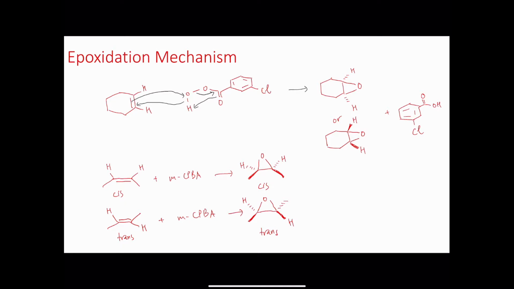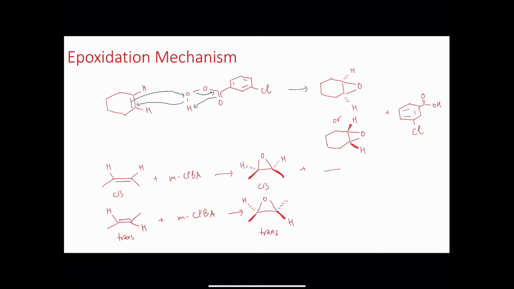So the geometry of the epoxidation product will be dictated by the geometry of the starting material. If we start with a cis alkene, we form the cis epoxide, and if we start with a trans alkene, we end up with a trans epoxide.